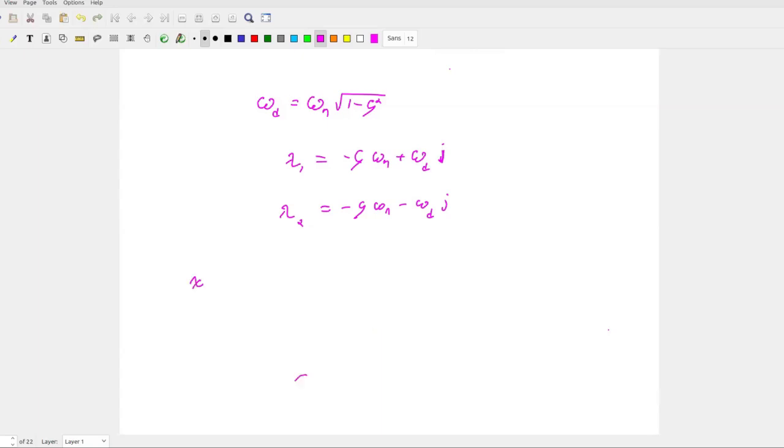So I can get x of t is equal to A1 e to the negative zeta omega n t plus omega d t j plus A2 e to the negative zeta omega n t minus omega d t j.